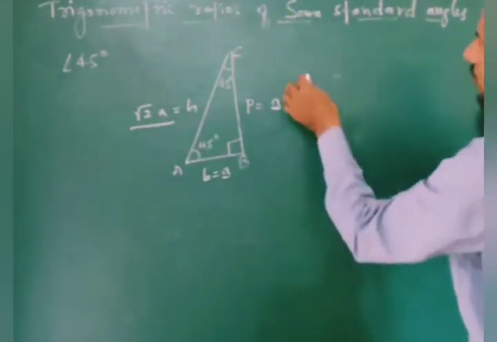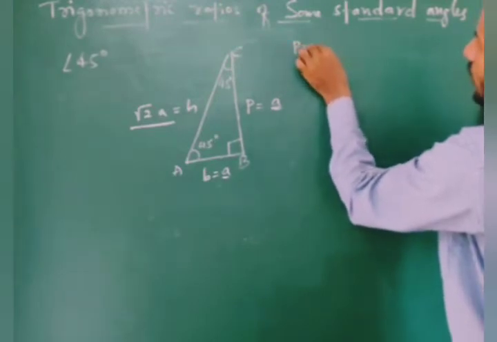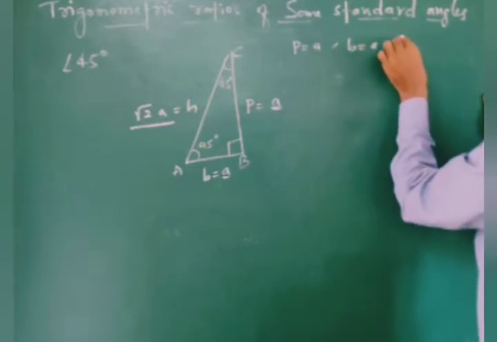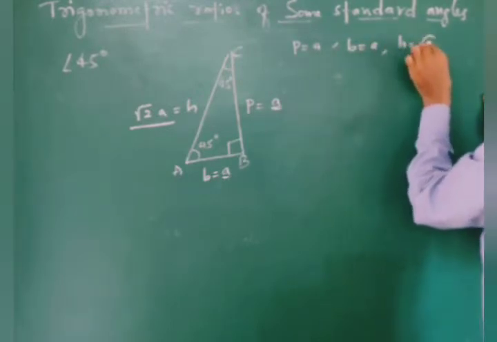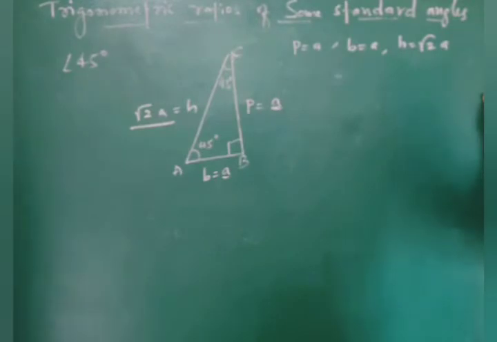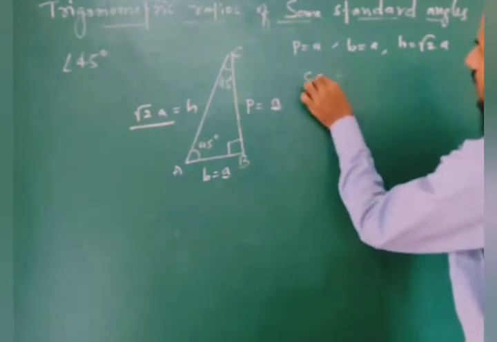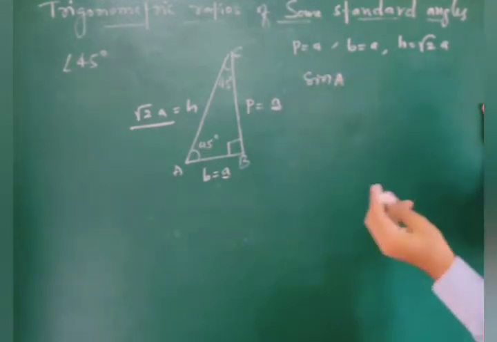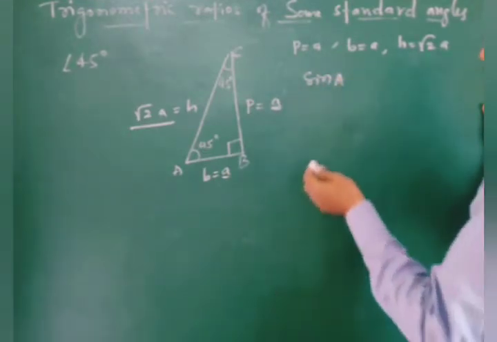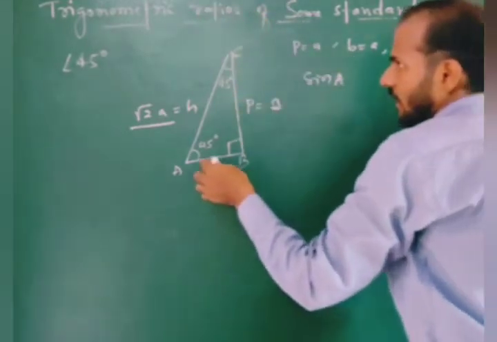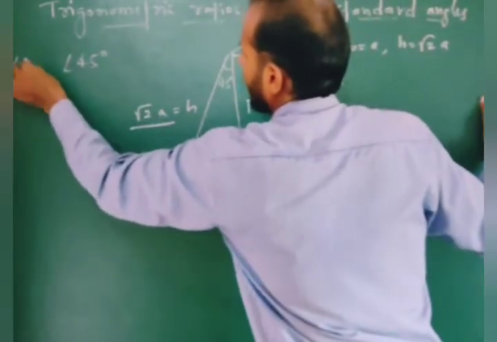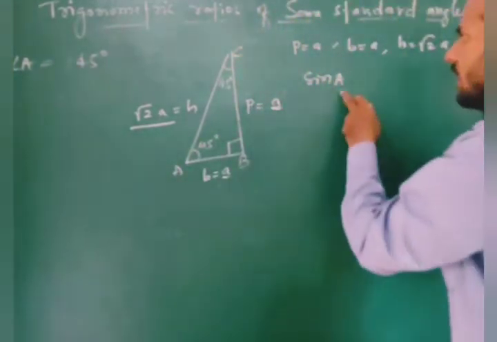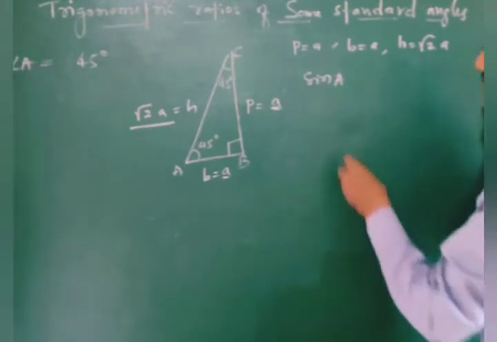Now we have P equals a, B equals a, H equals root 2 a. Now sine A, or we can say sine 45 degree also. Angle A is 45 degree.